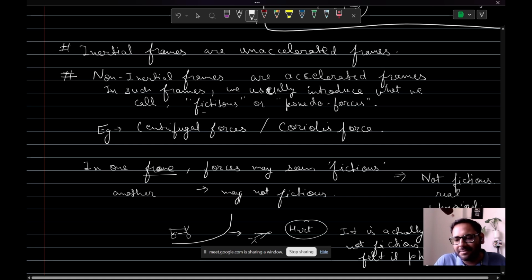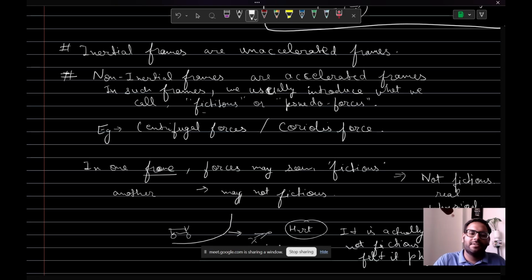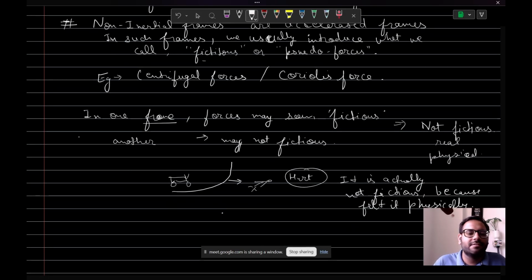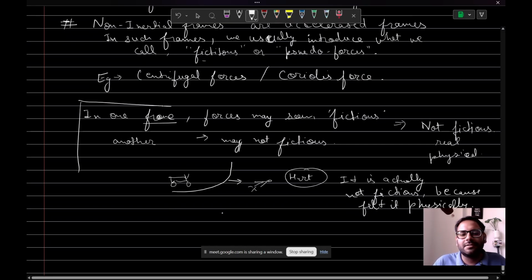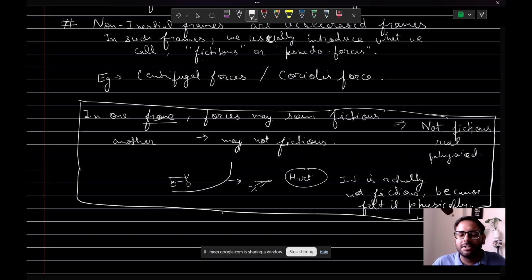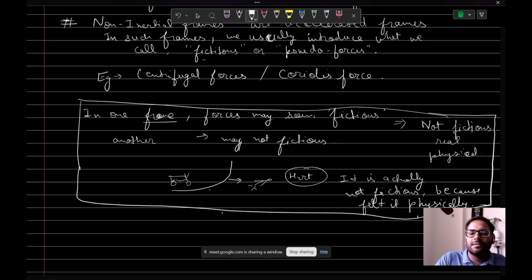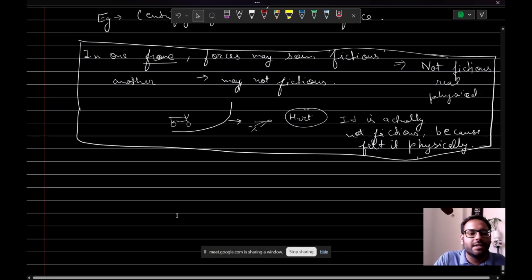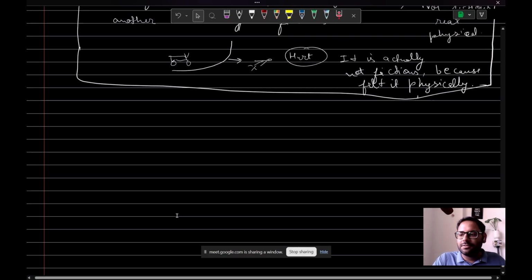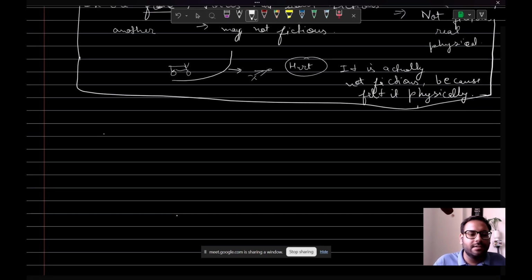So something is happening, something is real. So if you change the frames, we will talk about these things later in the course. So there is nothing fictitious about fictitious forces. They are real, but in one frame they may seem fictitious. They are real physical forces. Okay. So we will end this class here.